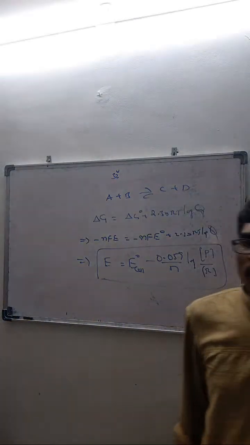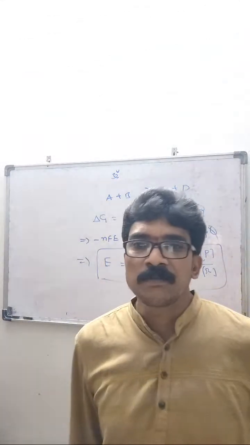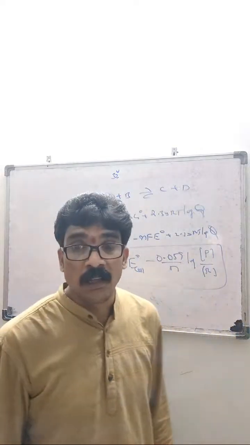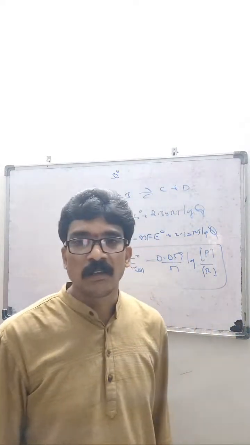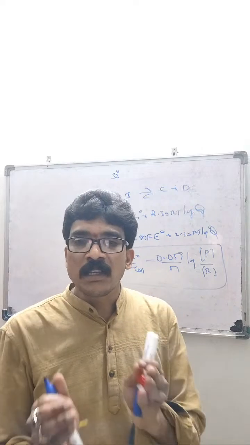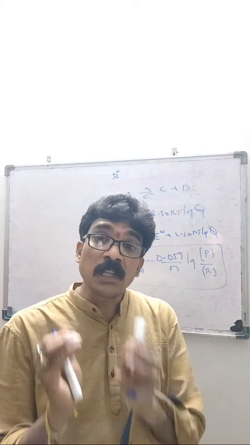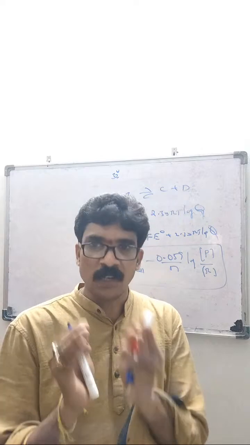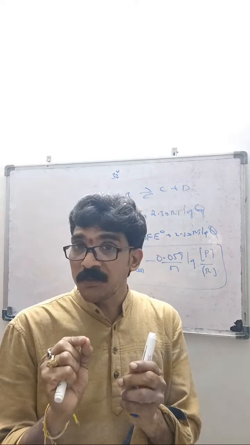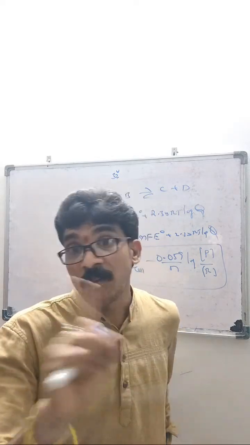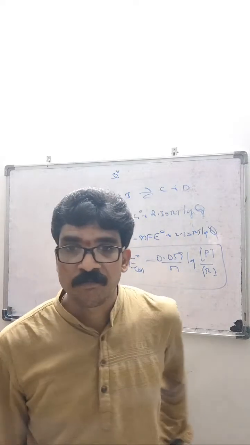E naught of the cell is the sum of the cathode and anode values for the entire cell. Very important information: E naught never changes with the stoichiometry.